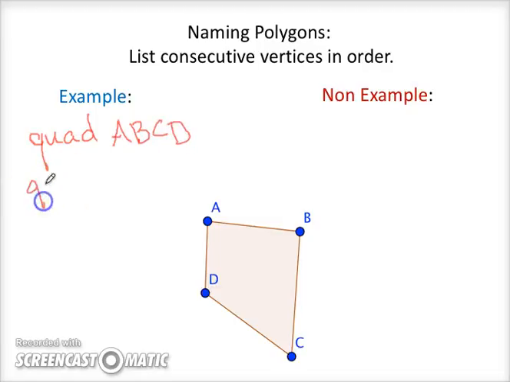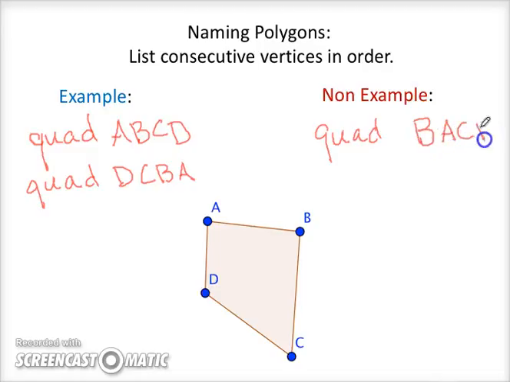We could also start from a different vertex and call it quad DCBA, because that still goes around the figure in consecutive order. Ways that we could not name this polygon would be quad BACD, because there we're going BA over to here and back to there, and we can't do that when naming a polygon.